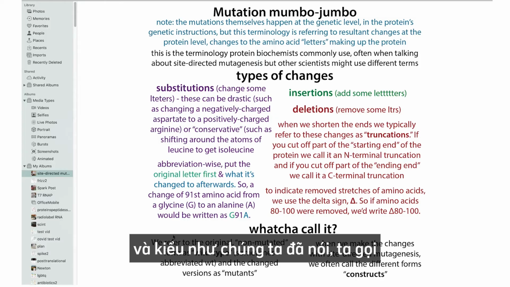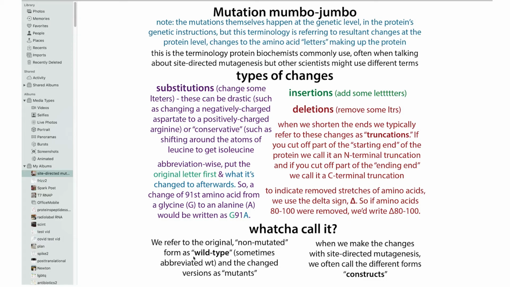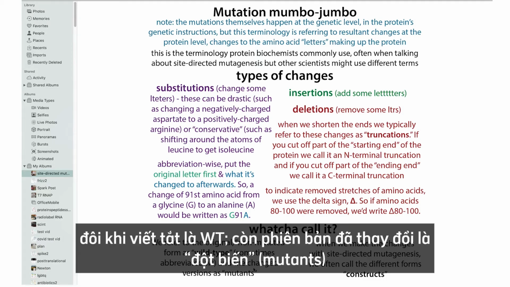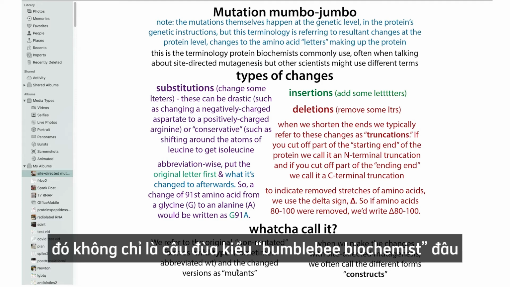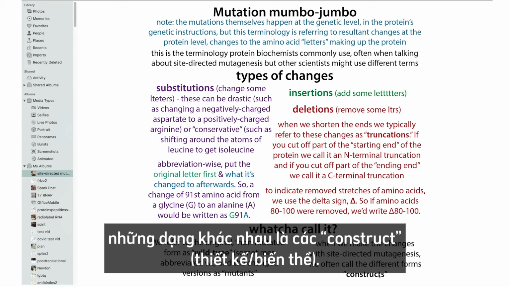And then as we talked about, we refer to the original version as wild type, sometimes abbreviated WT, and the changed version as mutants. So yes, we really do call that mutants. That's not just a bumbly biochemist thing. And then we can also call these different forms constructs.